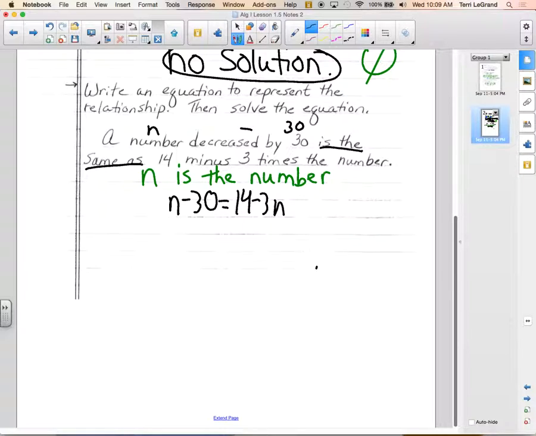Equals, is the same as. And then 14 minus 3 times the number. Oh my goodness, that looks exactly like what Sage wrote. Okay, go ahead and solve it.